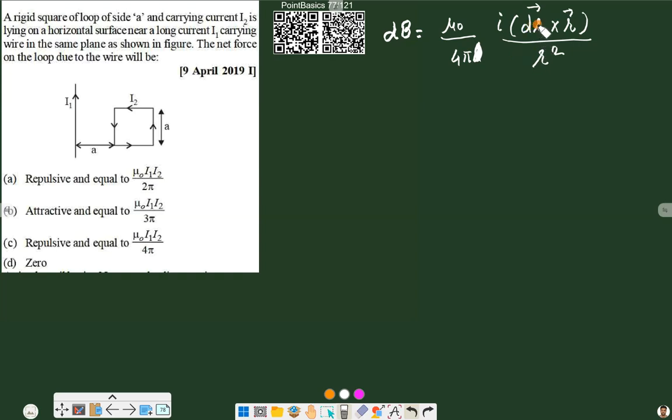Here this dl vector is the direction of the current and r is the distance vector.